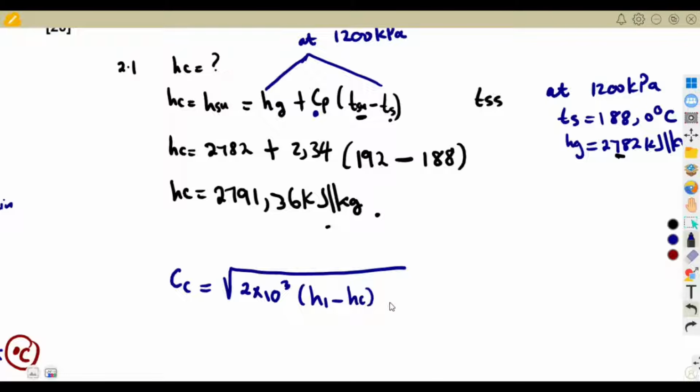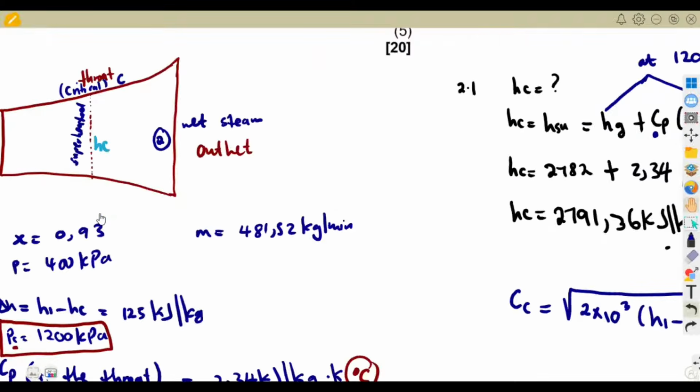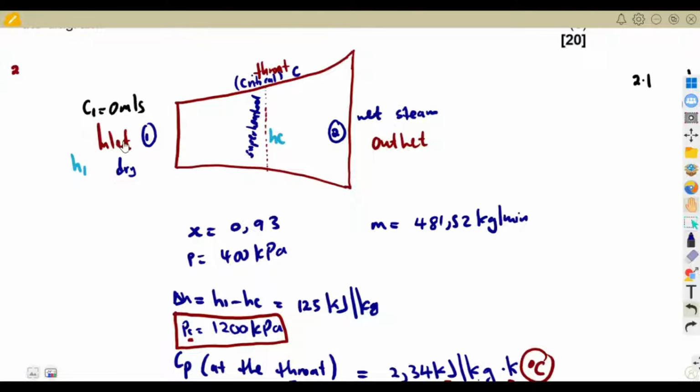Make sure you check the formula properly. We were told that C1, which is the inlet velocity, is negligible. We are neglecting this, it's a zero, so we are not going to consider it.